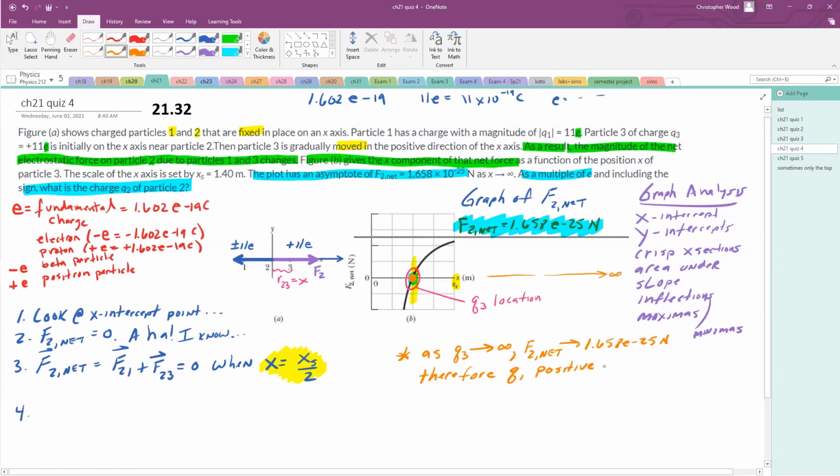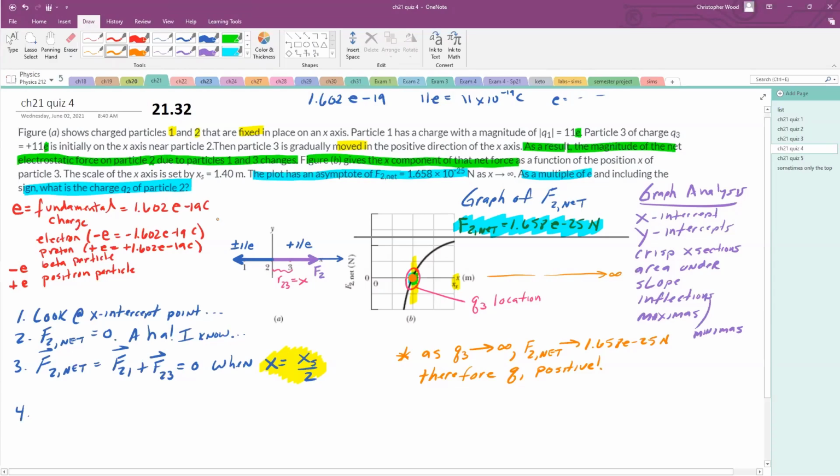Because if Q3 is off at infinity, basically Q3's influence is no longer felt. If Q3 goes off to infinity, Q3 has no real effect on Q2. So the only effect that Q2 feels is from Q1. And if the graph is showing, hey, it's a positive force, meaning the positive X direction, that can only happen if Q1 is positive.